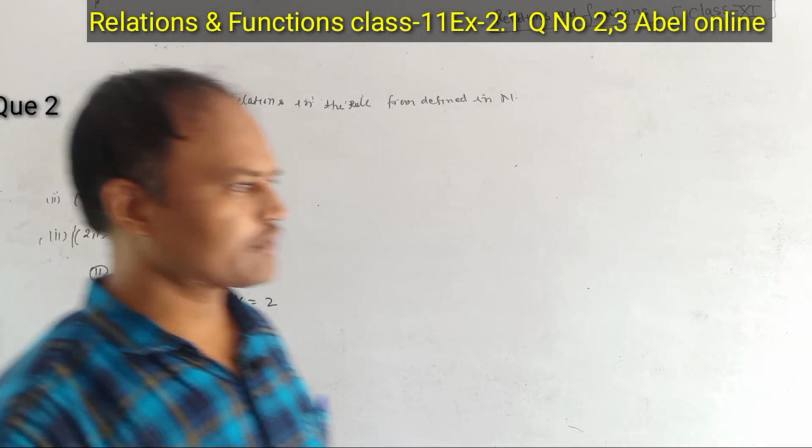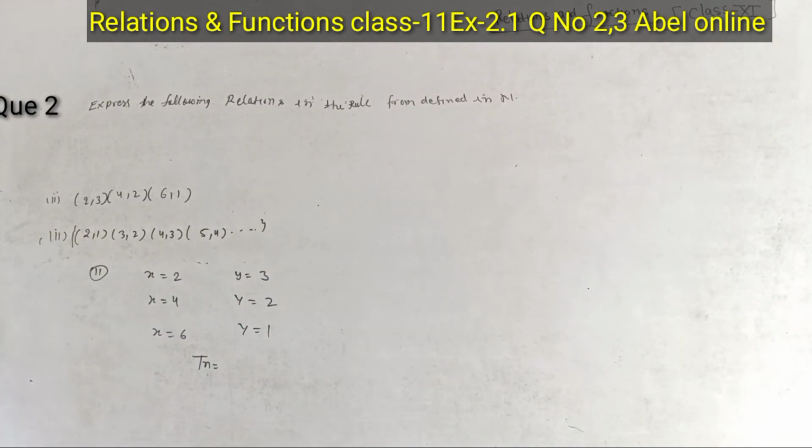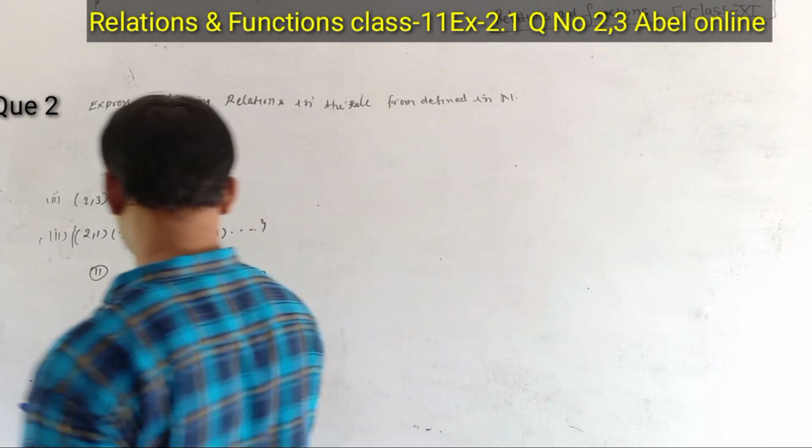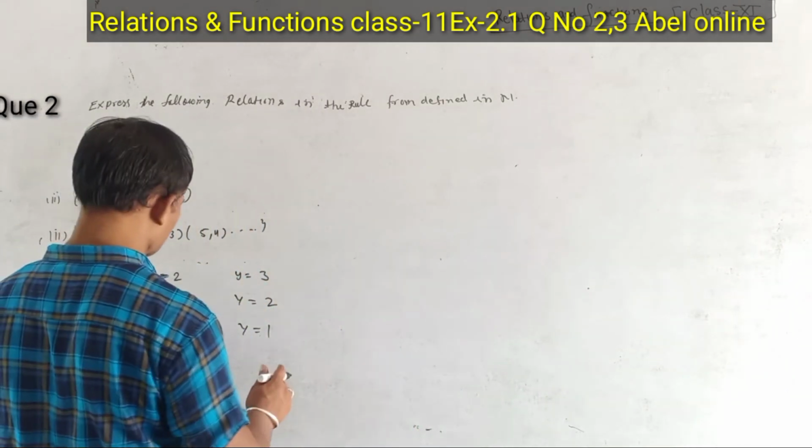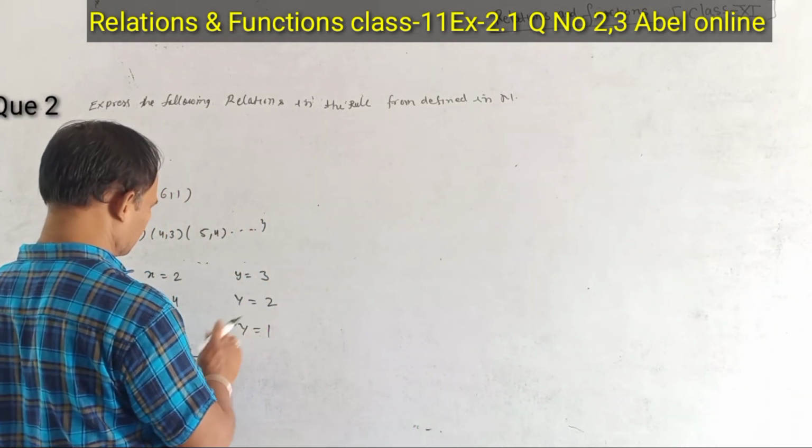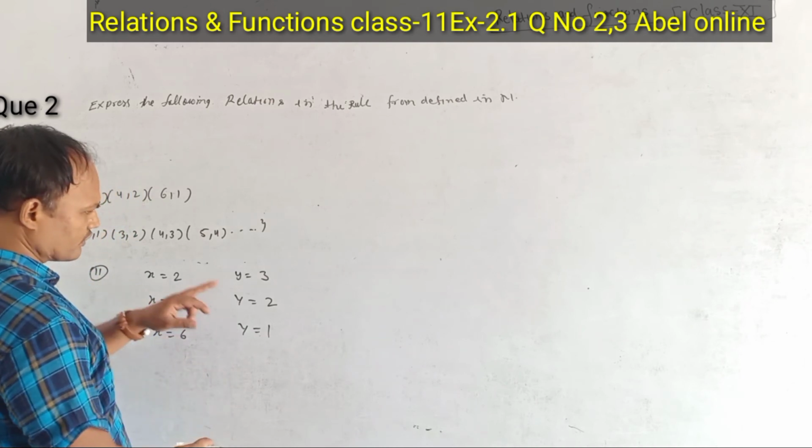Let's see how we can solve it. These 2, 4 and 6 are the values. So what can we do? We are going to arrange it in the proper way, 2, 4, 6 and 1, 2, 3.